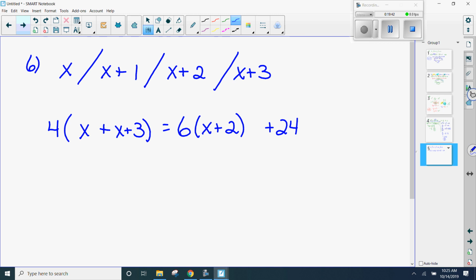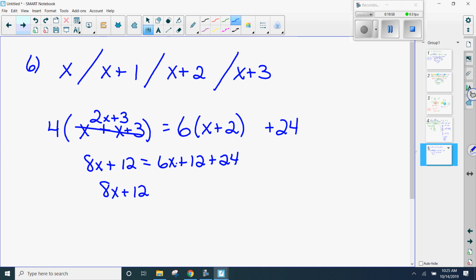So now we solve. This is 2x plus 3, so we get 8x plus 12 equals 6x plus 12 plus 24. I am guessing you move the 6x over, move the 12 over.